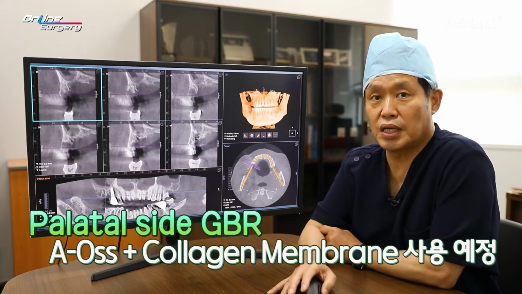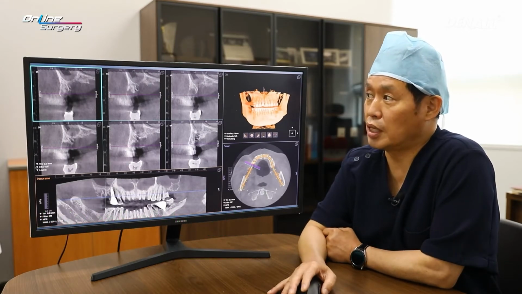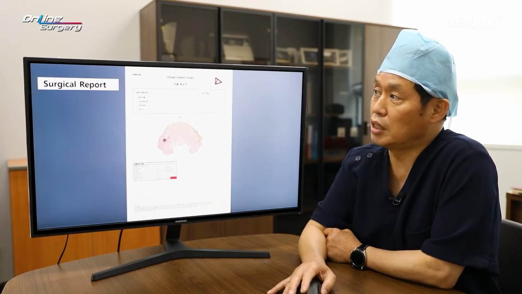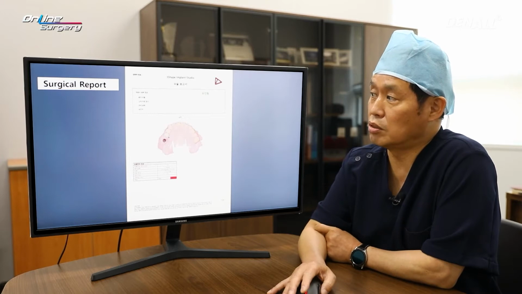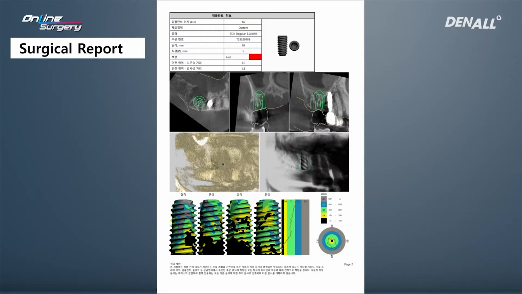Palatal mucosa is going to be quite thick. In those cases, you can use collagen for a bone graft using xenograft. In order to make the OneGuide template, the CT was taken and planning was done. As mentioned earlier, we consider the depth of the implant. We need to consider the bone plate on the buccal side and determine the path and everything else.